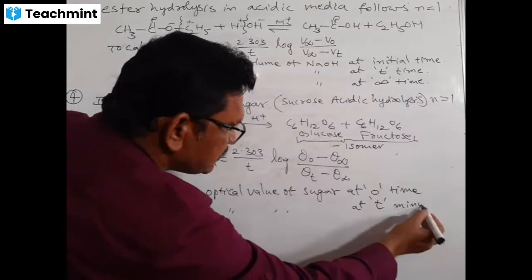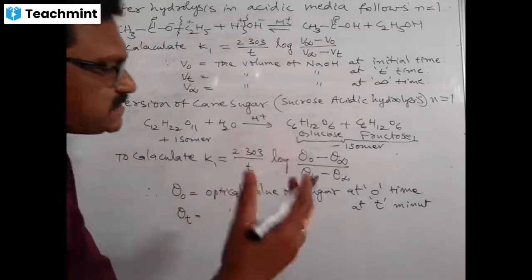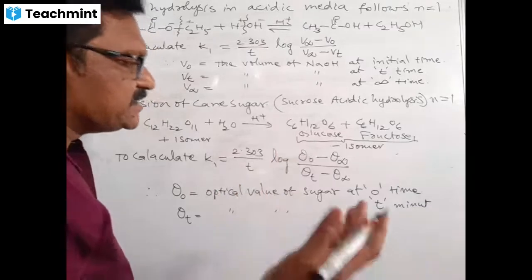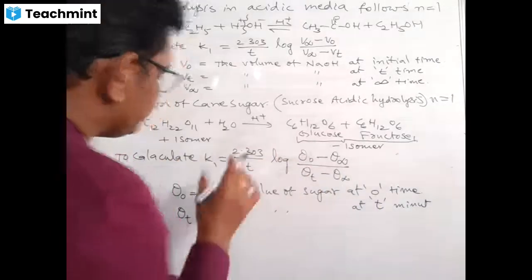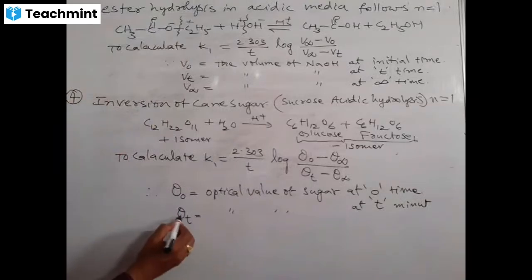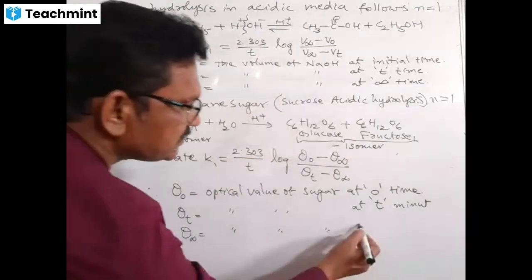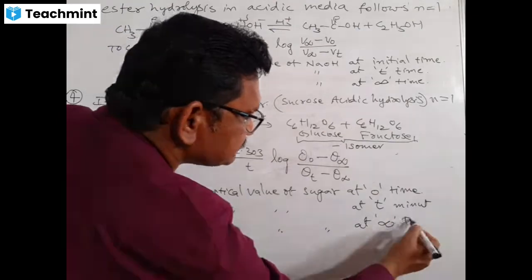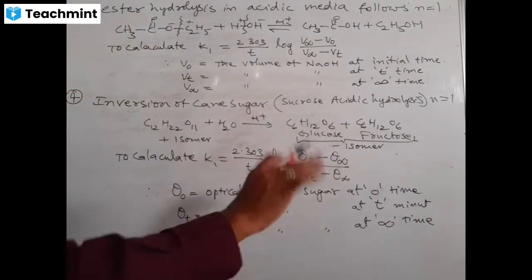Obviously, you have to conduct the experiment at different intervals of time, 5 minutes, 10 minutes, 15 minutes. By that, you get different time interval values, represented with theta t. Theta infinity is the optical value of sugar at infinity time. Infinity time is the time where the total reaction is completed. That's it.